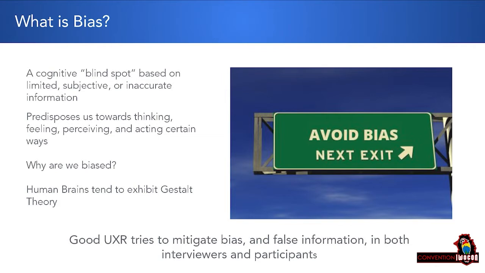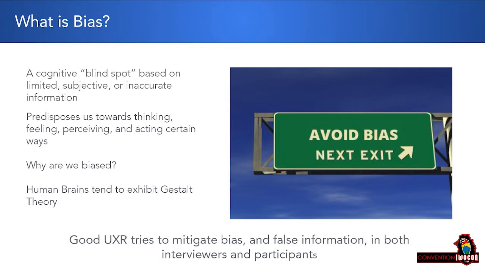Our biases predispose us towards thinking and feeling and acting in a certain way. And the reason we're biased, like I mentioned earlier, is that our brains fill in the blanks. This is something called Gestalt theory. Our brains can't help it. We are naturally wired to connect the dots and fill in the blanks when we're presented with limited information.